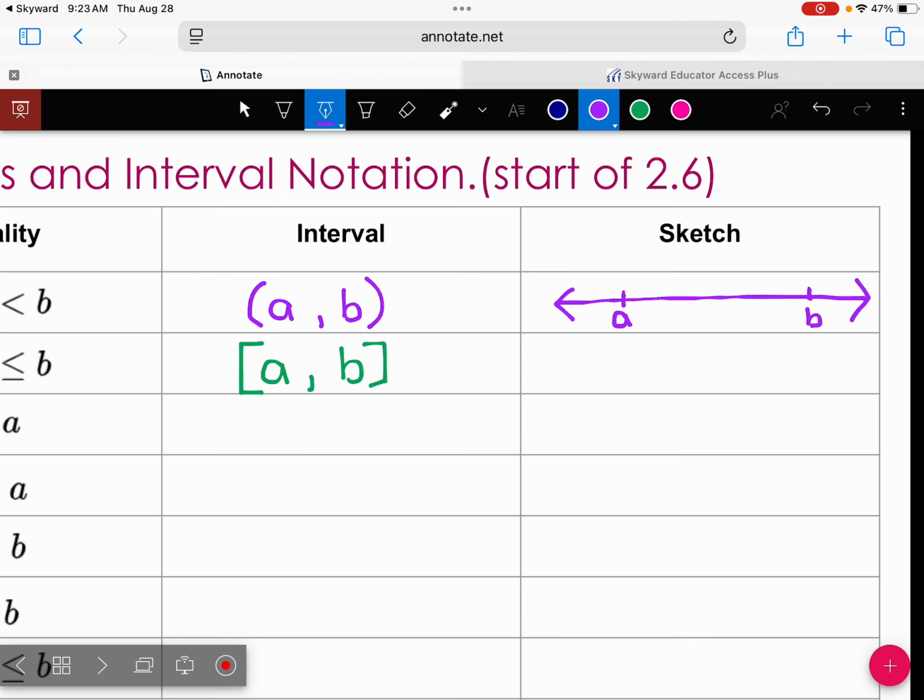I would want to put open circles on a and b because we know x gets real close to them but can't be equal to. And then all of our answers are where x is between. So this would be where our solutions are.